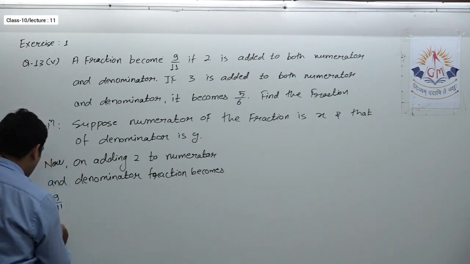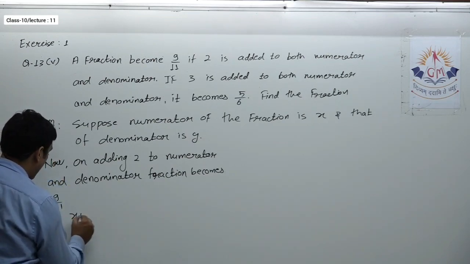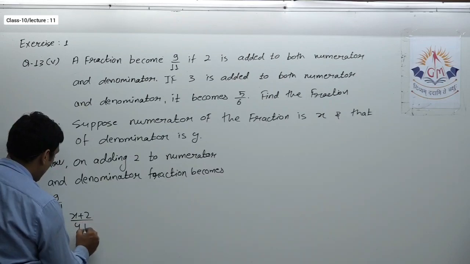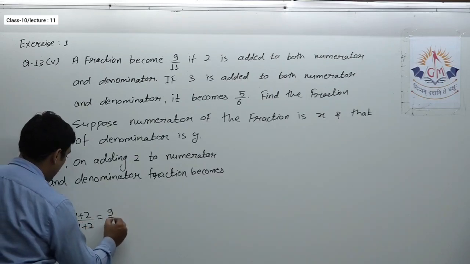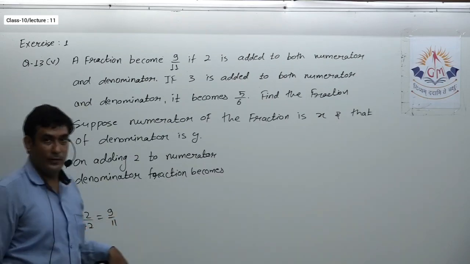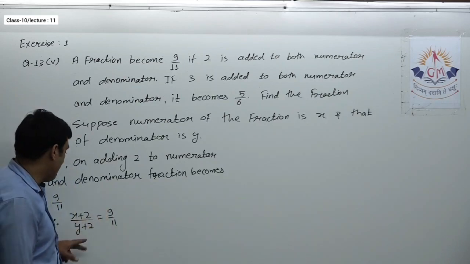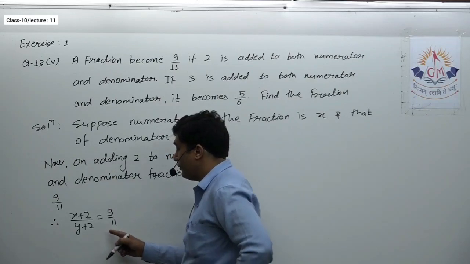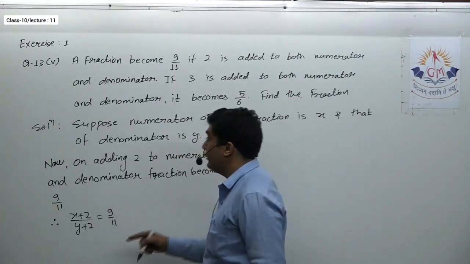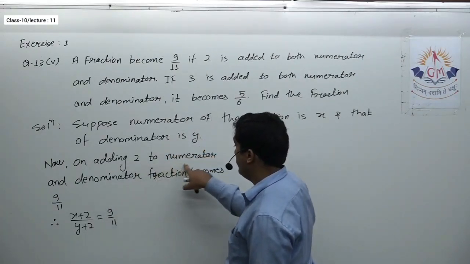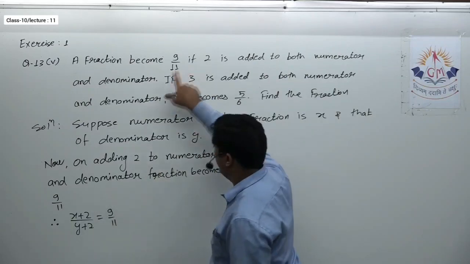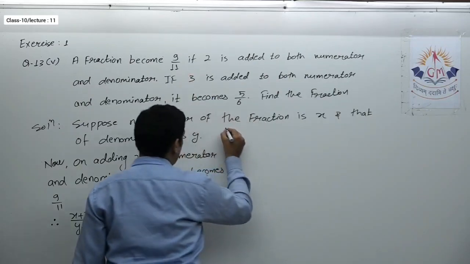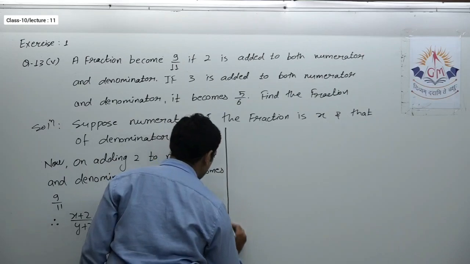Therefore I can write (x plus 2) upon (y plus 2) is equal to 9 upon 11. So this is the first relation between the variables x and y. So definitely we have to simplify this further.